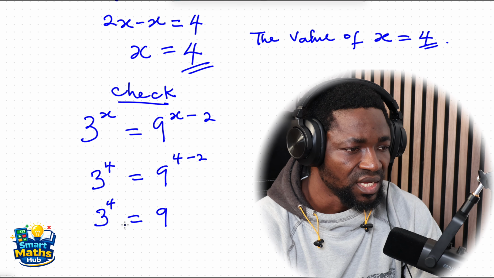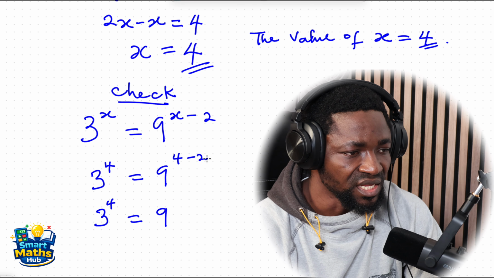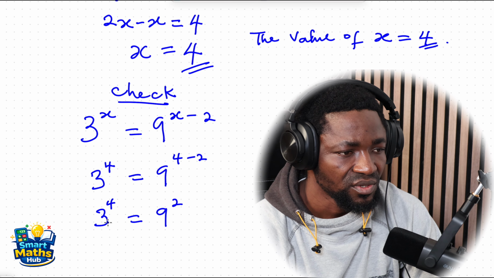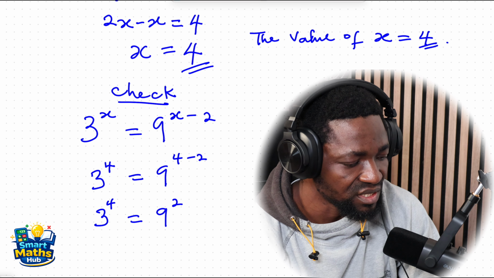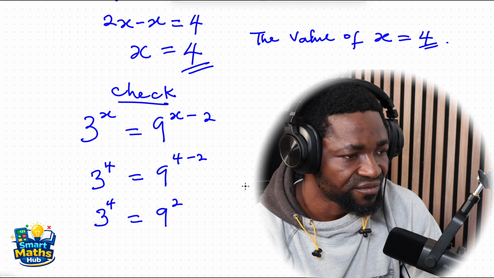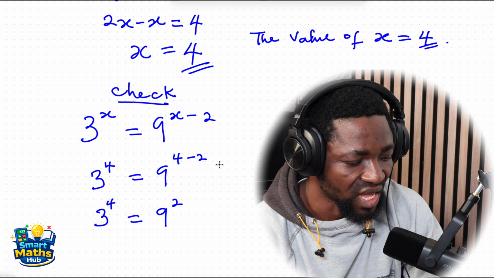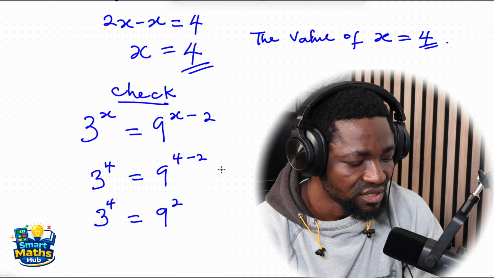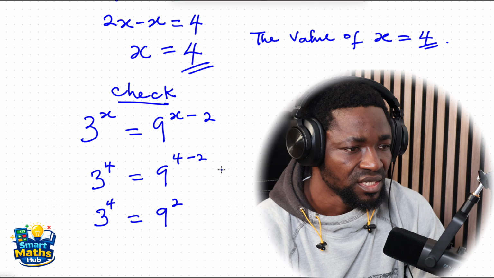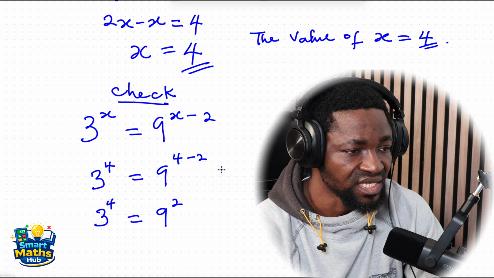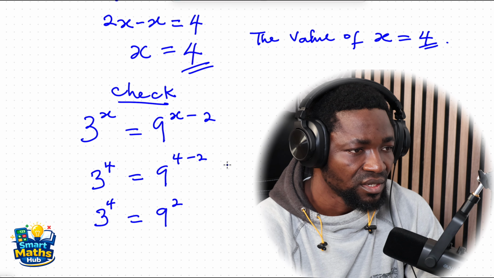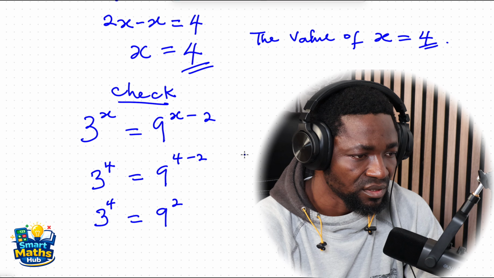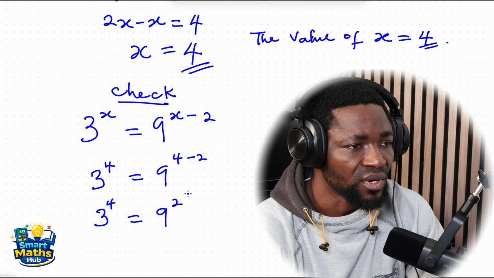Now 3 in 4 places means 3 times 3 times 3 times 3, which is 81.